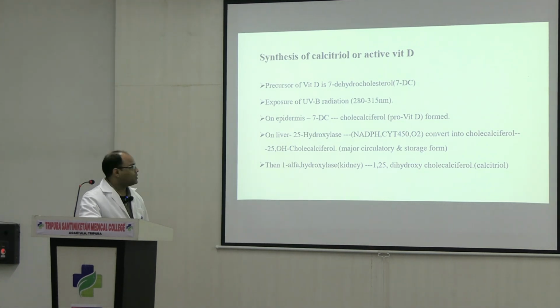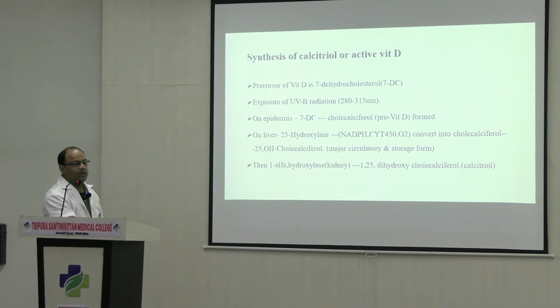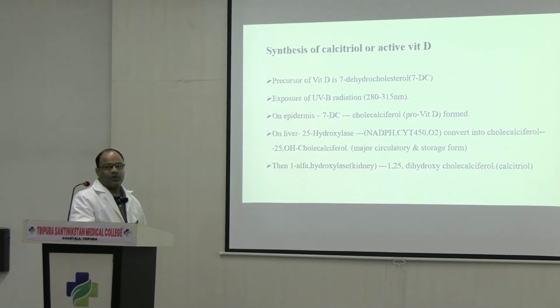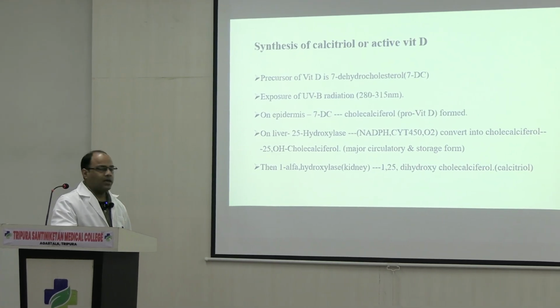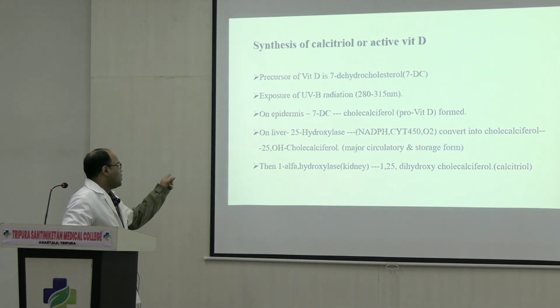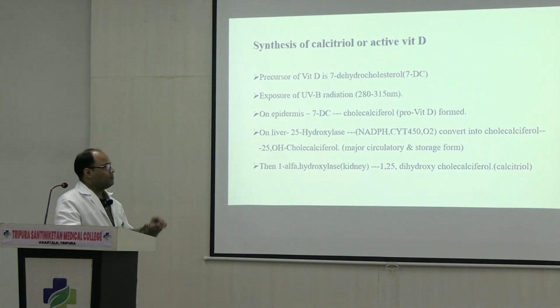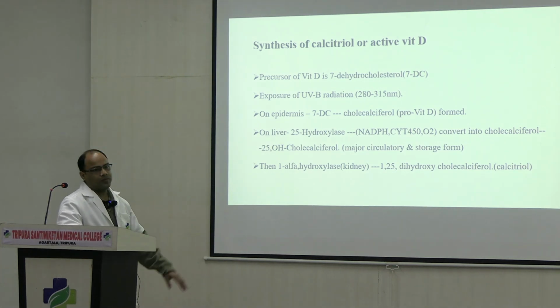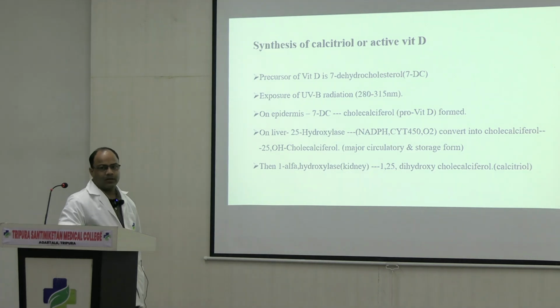This enzyme converts it in presence of NADPH, cytochrome P450 and molecular oxygen into 25-hydroxycholecalciferol. That is the major circulatory as well as storage form of vitamin D in our body. You have to remember this one.